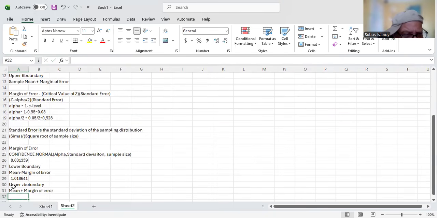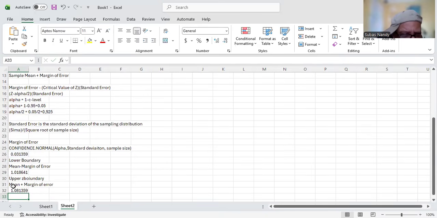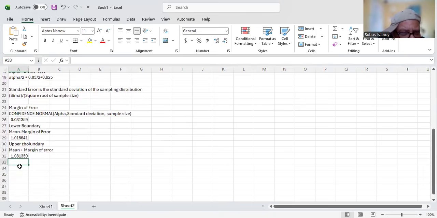So that will be equal to 1.05 plus, notice I put the equal to sign, plus the margin of error in cell A26.